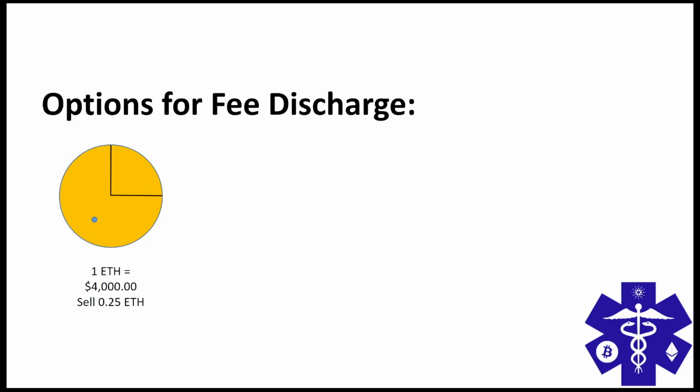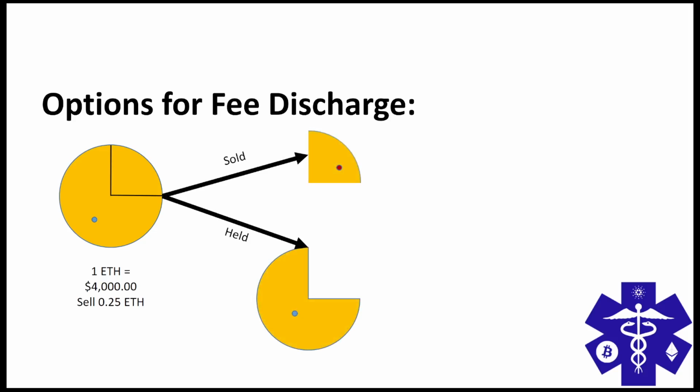So the other scenario is I want to not discharge the fee. So basically, I move the fee out of the slice of the pie that I'm going to sell. And you see that red dot? That's the fee of selling. So I could technically not discharge any of the fees and just keep adding to my cost basis position.